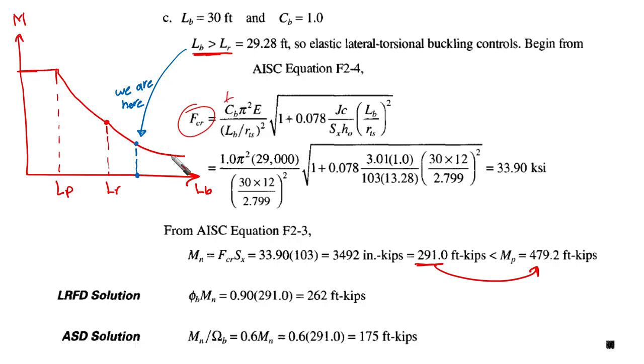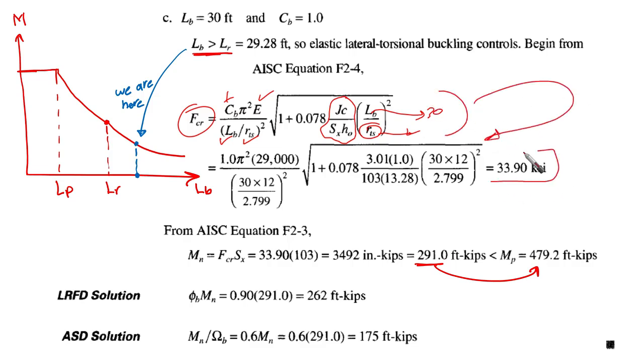Cb is 1. Pi squared E, known for us. Lb is 30. rts, already calculated before. J, c, Sx, ho, they are known from the tables or from what we have calculated before. Substitute all of this in the equation and obtain the output, which is 33.9.